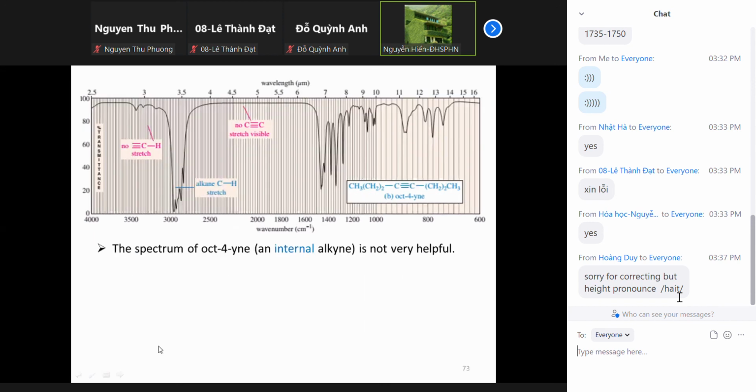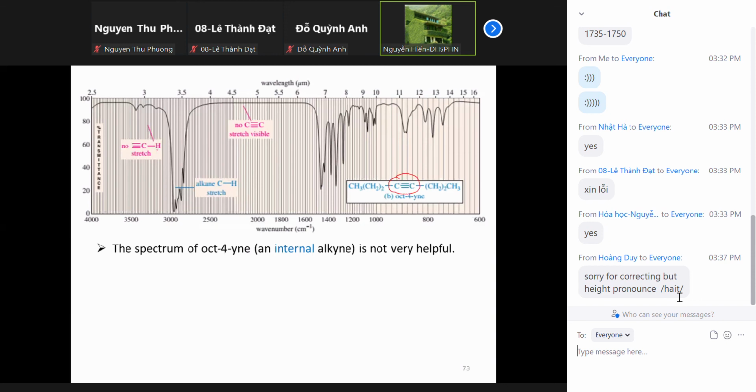But when you analyze the spectrum of an internal alkyne, an internal alkyne will have a CC triple bond in the middle of the main chain.